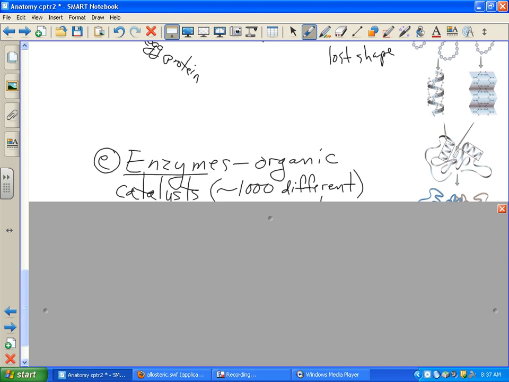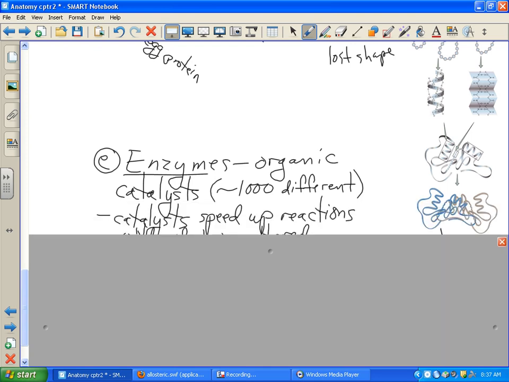Okay, let's talk a little bit about enzymes. We looked at one today, catalase, and we know its job is to break hydrogen peroxide into water and oxygen. Enzymes are just a group of proteins that are organic catalysts. I think I've defined that.